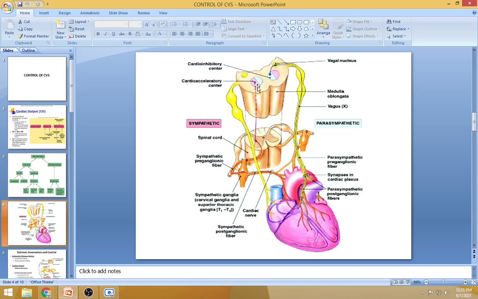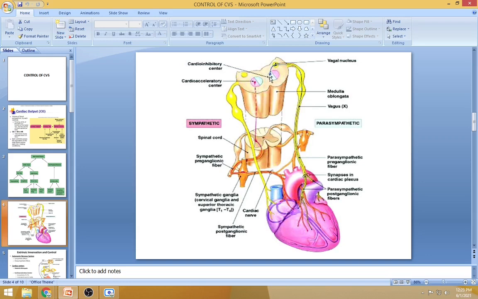For example, the cardioinhibitory center is nothing but a collection of cell bodies, generally seen in the rostroventrolateral portion of the medulla.